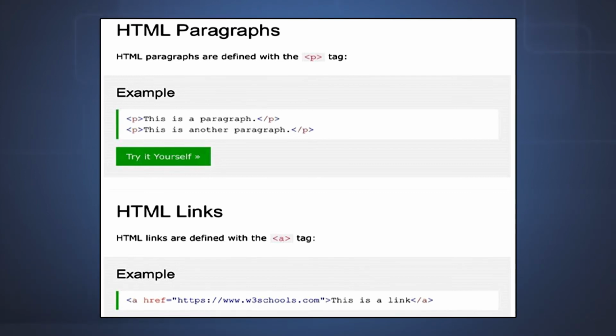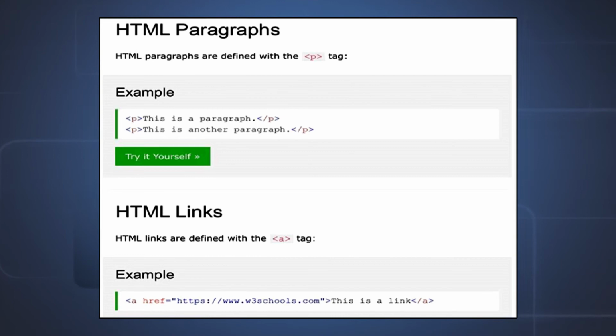Then you put some text which will be the label for the link. What the link is underneath will not be visible to you on just looking at it. After this text, you close the anchor tag. This is how we can insert HTML links.